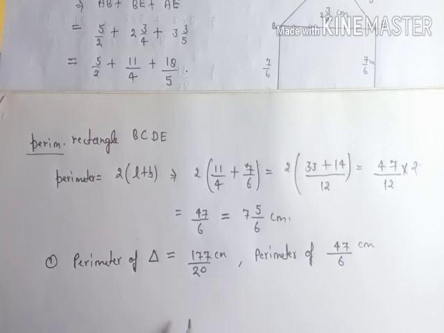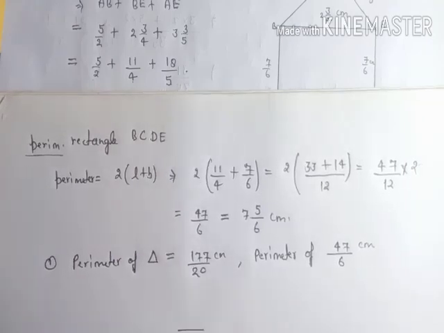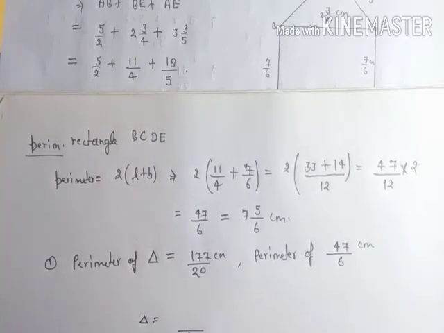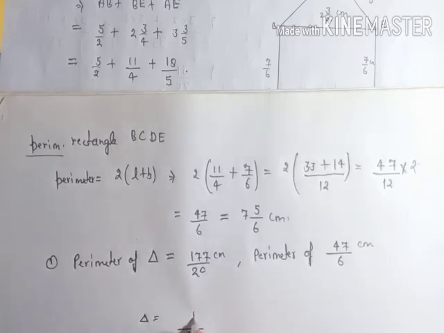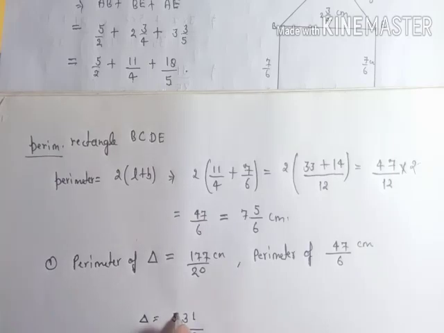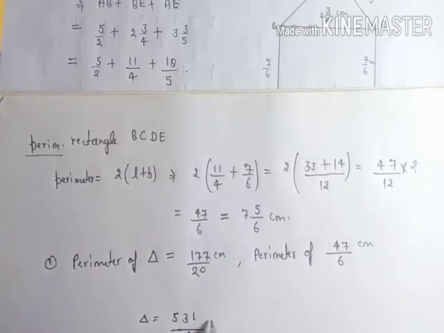So for that purpose we have to make their denominators equal, and the LCM of 20 and 6 is 60. So right here that is 60. For the triangle the perimeter is 3 times 177, 531 upon 60 centimeter.